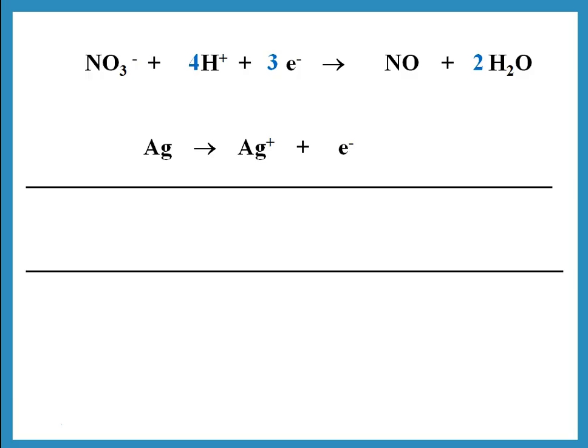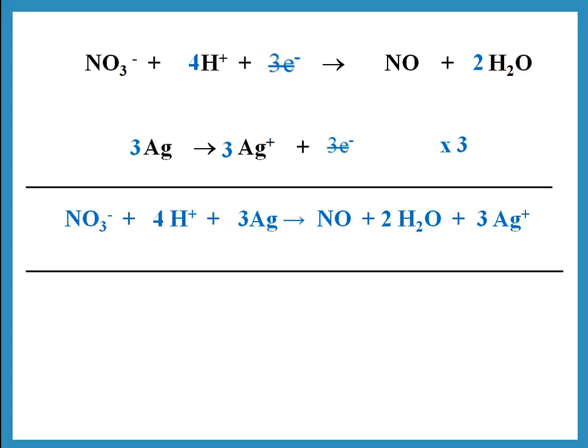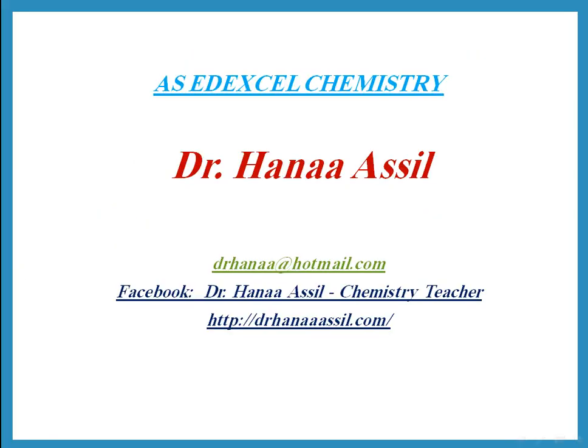Now the second equation is already balanced, but then I needed to have the same number of electrons, so I need to multiply everything by 3 so that I can cancel the electrons and add up everything to give the overall equation. Okay? Okay, and that's the end of this chapter.